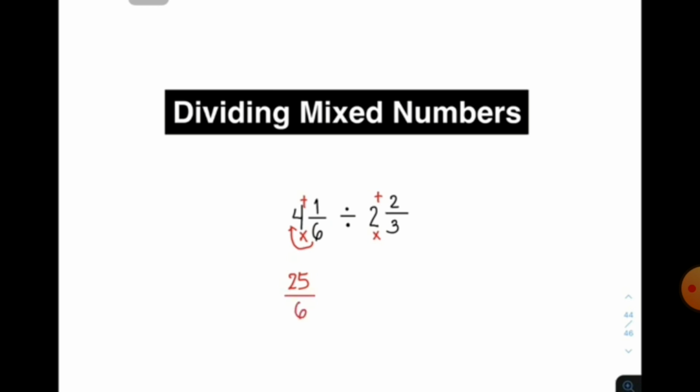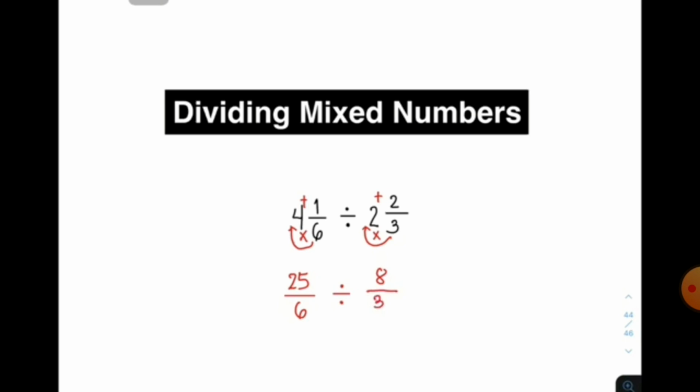Then, don't forget the operation division. Just copy. Then, 2 and 2/3 change to improper. So 3 times 2 plus 2. So magiging 8 over, copy the denominator, 3. So ito ay 8 over 3.